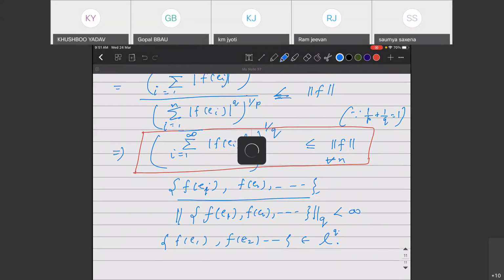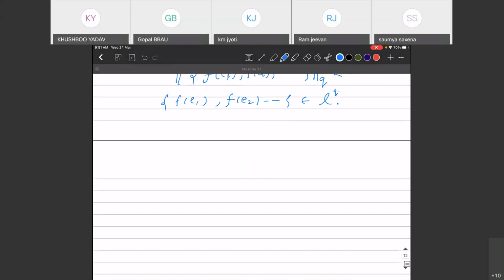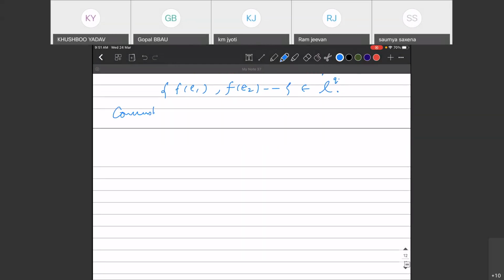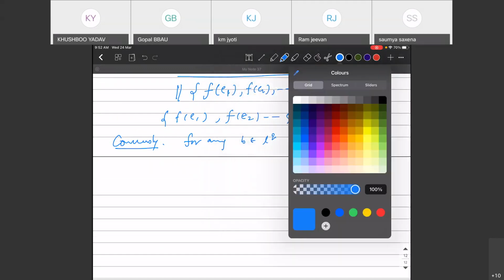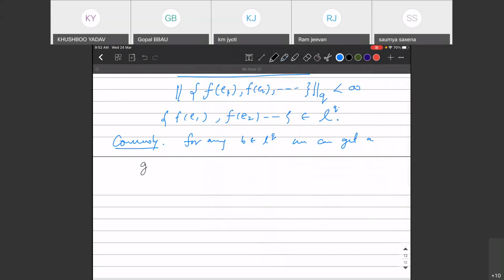Now you do the converse part. Conversely, as we did in the last example, for any B in LQ, we may construct an element G in LP dash.